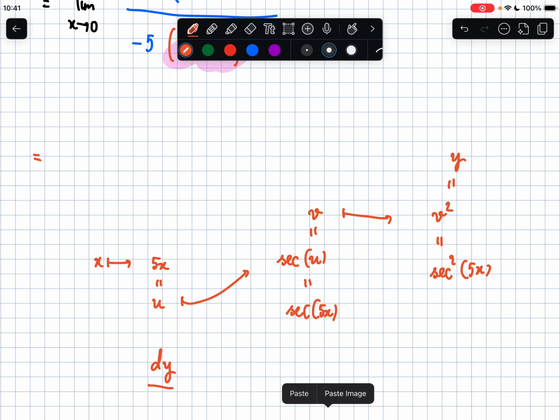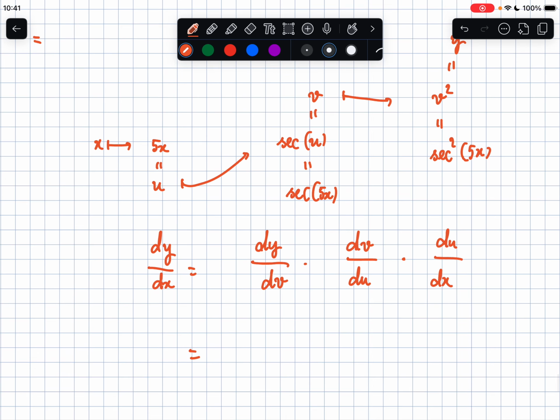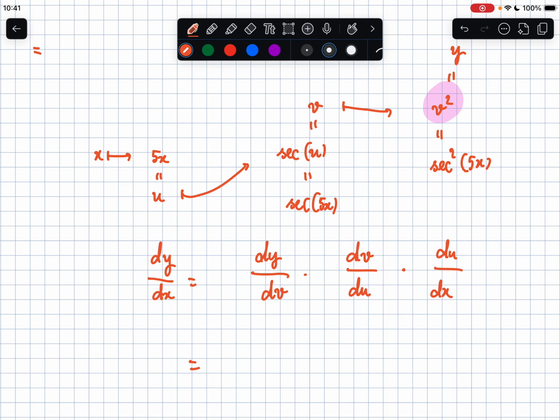dy over dx. By chain rule, this is dy over dv, dv over du, du over dx. dy over dv, which is d of v squared over dv, which is 2 times v. The second factor is dv over du, d over du of v equal to secant of u, which is secant u tangent u.